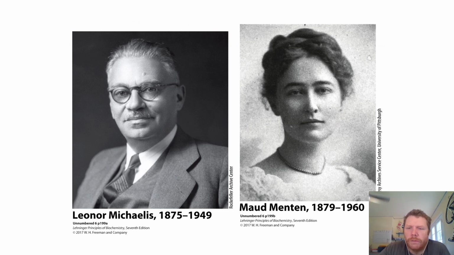Two people who are very important for the discussion of enzyme kinetics are Leonor Michaelis and Menten. They made huge contributions to the field of enzyme kinetics, and basically the lens through which we look at enzymes and study enzymes is the lens that they helped craft.